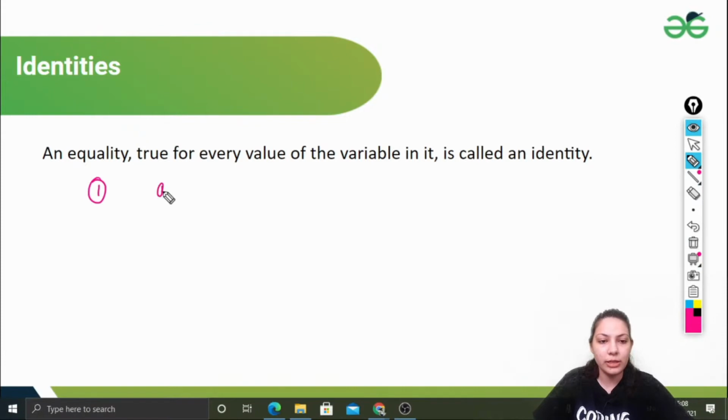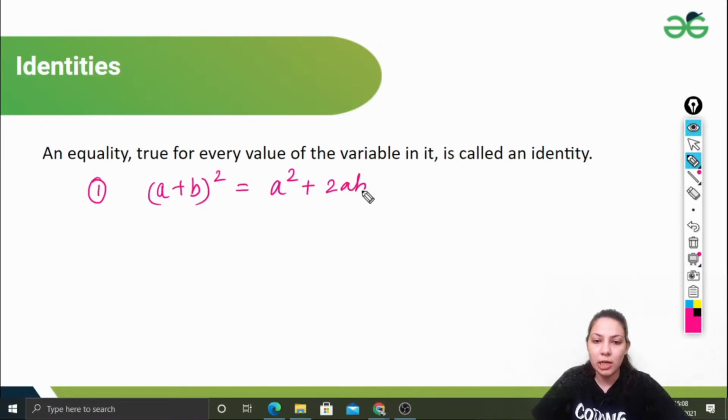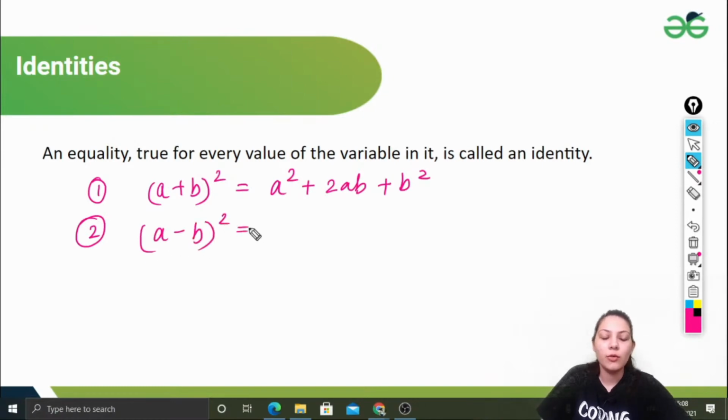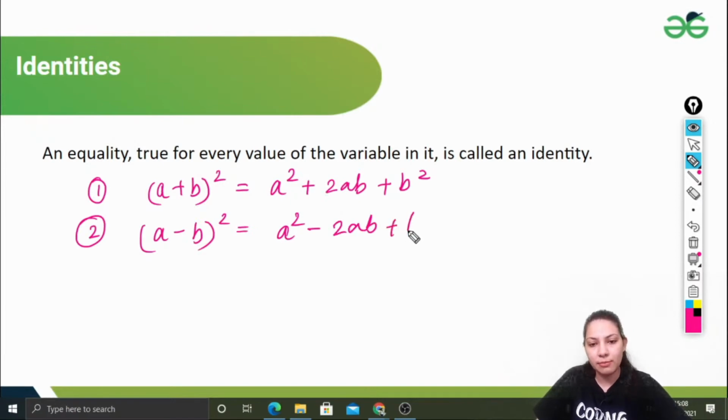First I explained over here, that is a plus b whole square gives you a square plus 2ab plus b square. Second one is a minus b whole square will result as a square minus 2ab plus b square.